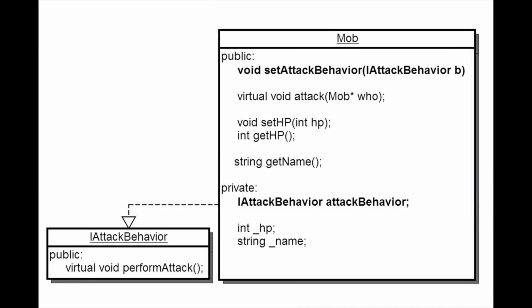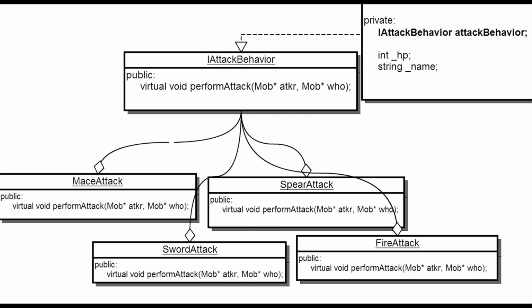In order to implement the strategy design pattern to have interchangeable weapon attacks, we will create a new interface called attack behavior. We will then add this to the mob class as well as a setter that can change the attack behavior. Then we can inherit from this interface and have any kind of attack that we wish, such as mace attacks, sword attacks, spear attacks, and fire attacks.